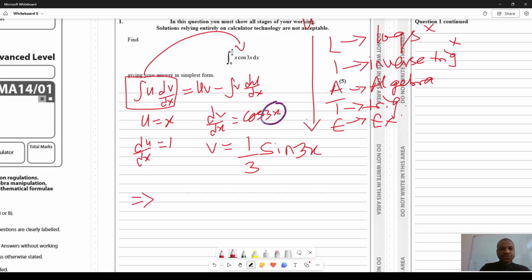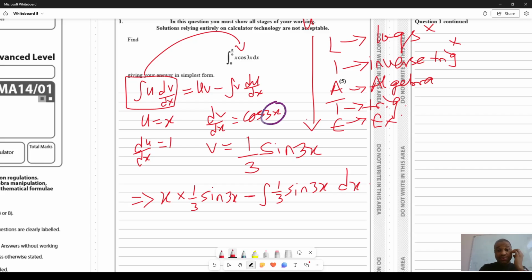So I'm integrating u dv/dx. My u is x. My v is 1 by 3 sine 3x. Then minus the integral of 1 by 3 sine 3x times 1 dx.